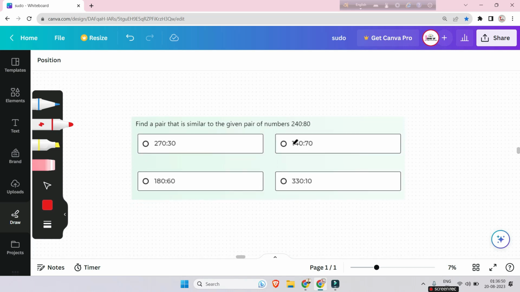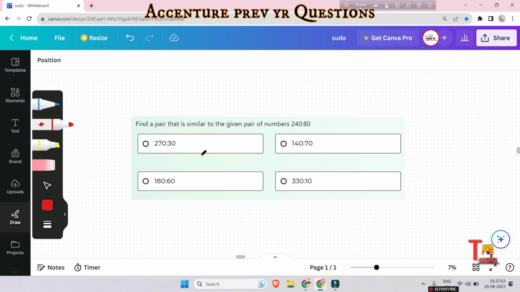The best trick is to visit all options one by one and eliminate the wrong options. These are the two main ways to solve this problem. Let's see what relationship they are maintaining.